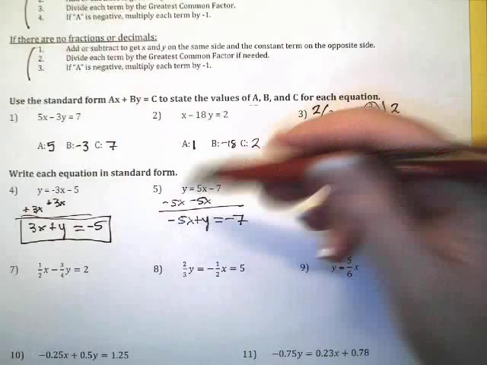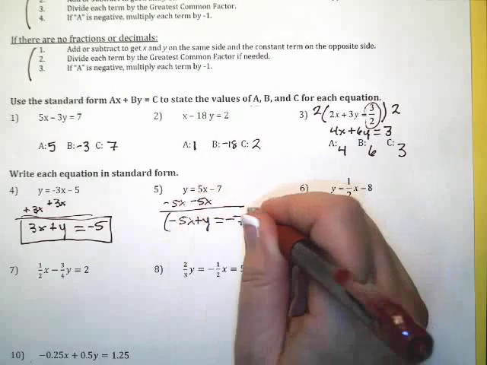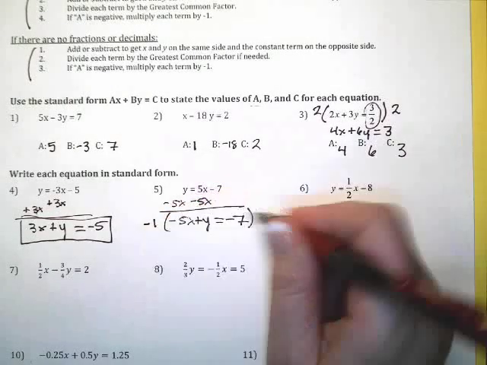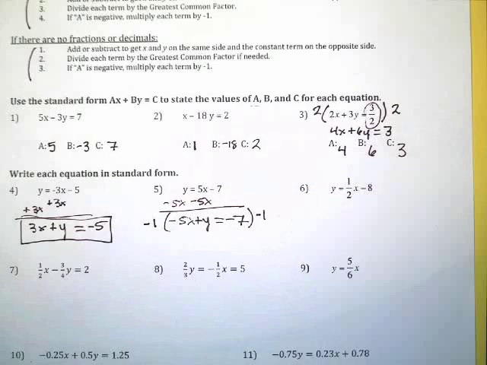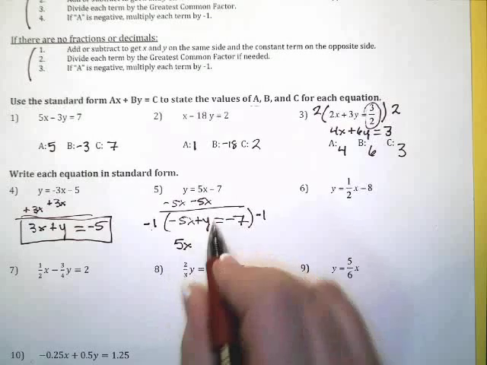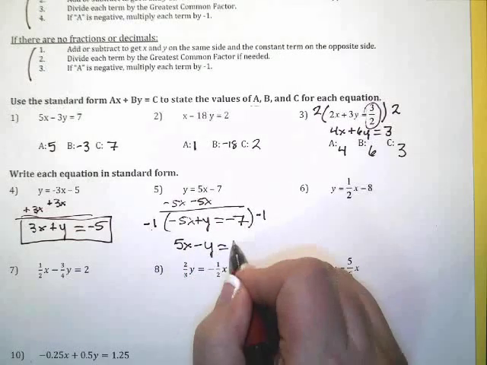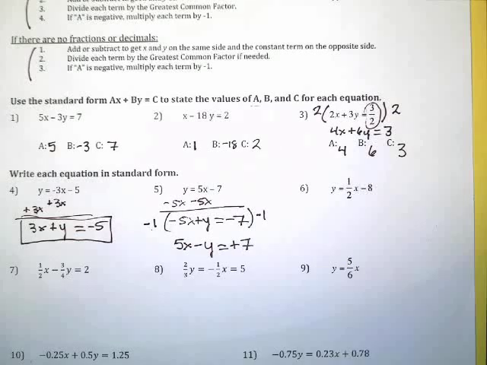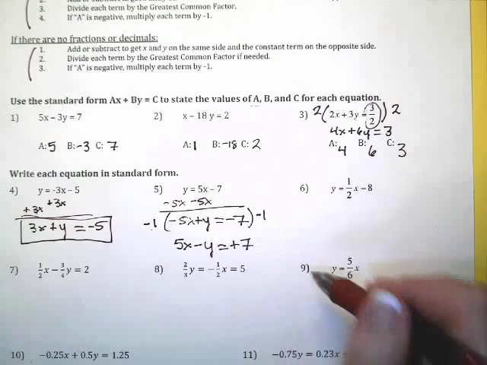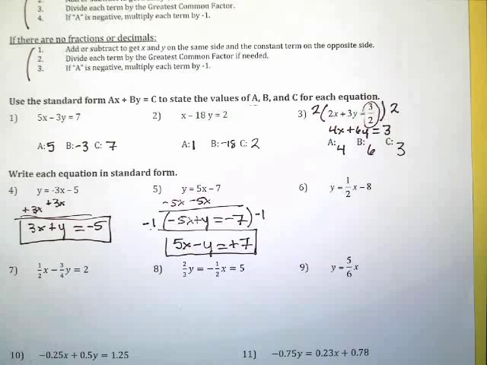Since a is negative, we need to rewrite this equation. To get rid of this negative, we could multiply every term in this equation by negative 1. So a negative times negative would be positive. This positive y would become negative y, and this negative 7 becomes a positive 7. So now we have this written in standard form, so you can go ahead and circle that answer.